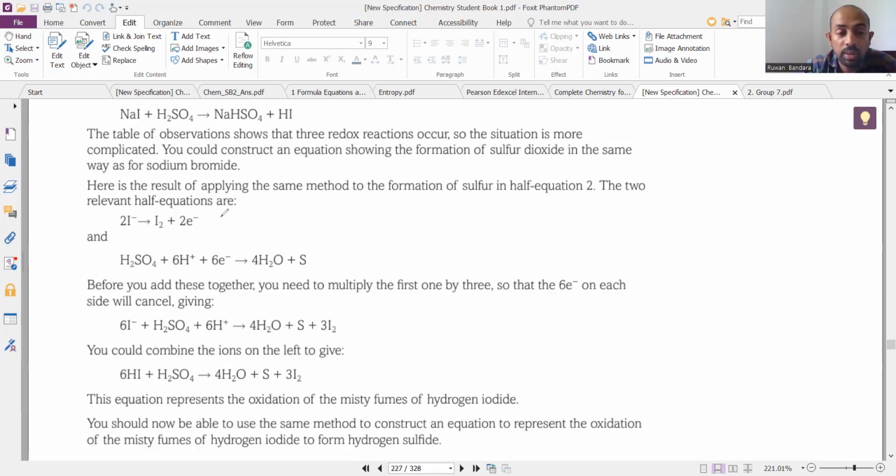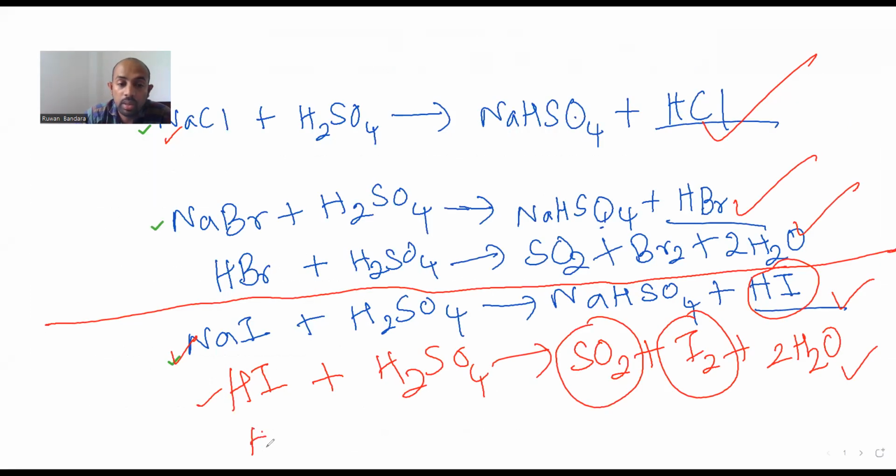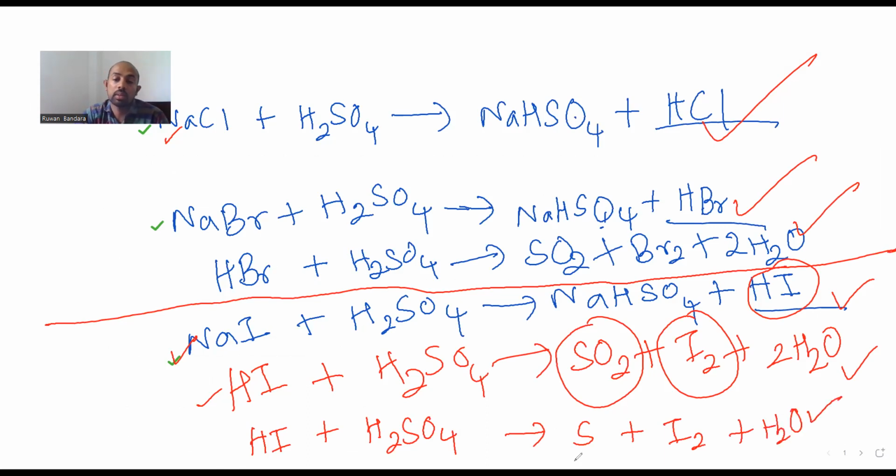Now here it represents how the yellow solid sulfur has formed. HI reacts with H2SO4 again, forming sulfur plus iodine plus water. Another reaction, so sulfur also formed. This is nicely explained here.